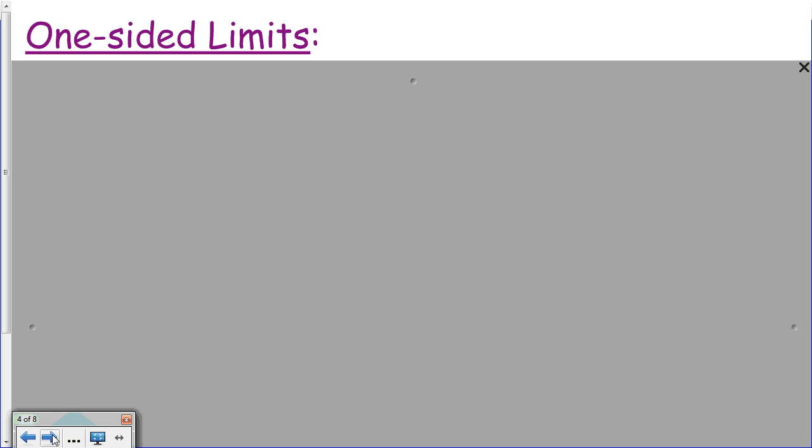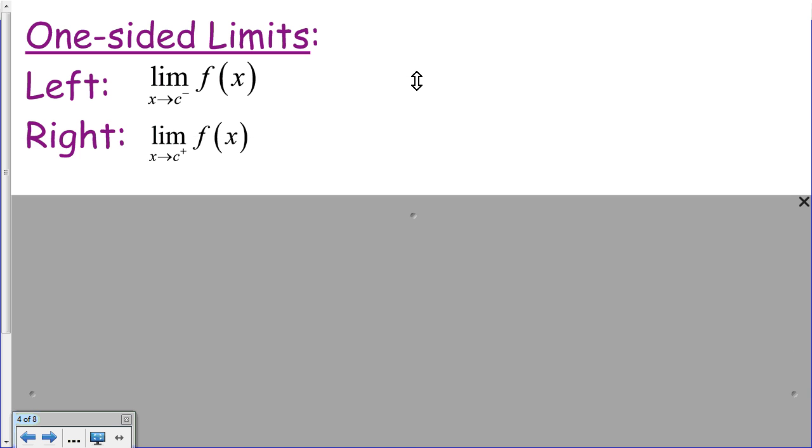All right, with that, let's take a look at one-sided limits. We mentioned it just a second ago, but let's take a look at it a little bit closer here. There are two one-sided limits here, of course, that we want to consider. There's both a left side and a right side.